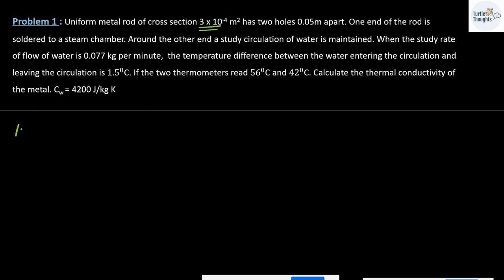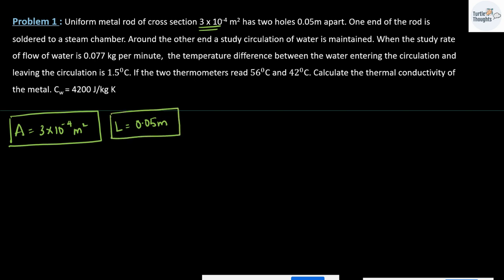I can write A as 3 multiplied by 10 raised to the power minus 4 meter square. I have my value A. Next, we have two distances which is 0.05 meter apart. Can I take distance to be L? L can be taken as 0.05.